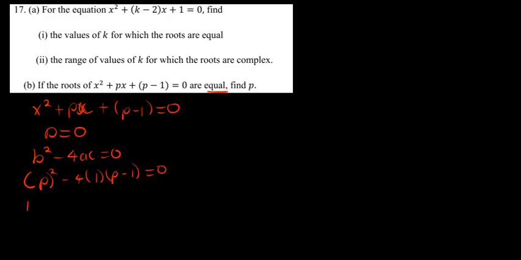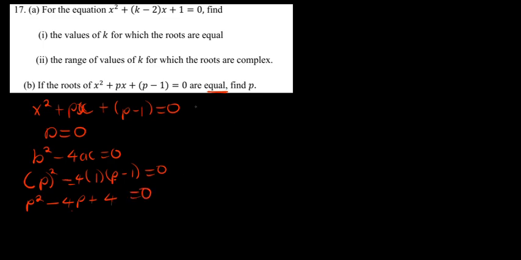So you have p squared minus 4p plus 4, just like that, right? Because if I multiply this times this, it will give me negative 4p, then this one times that will be positive 4.